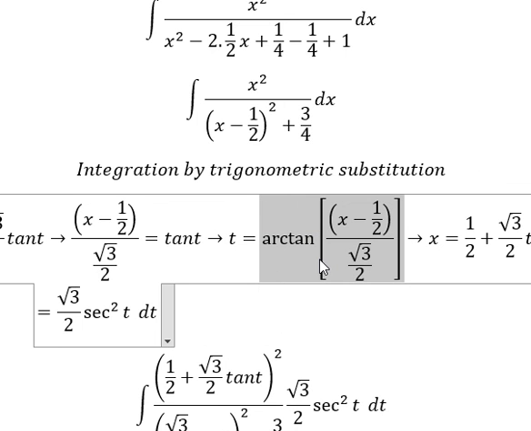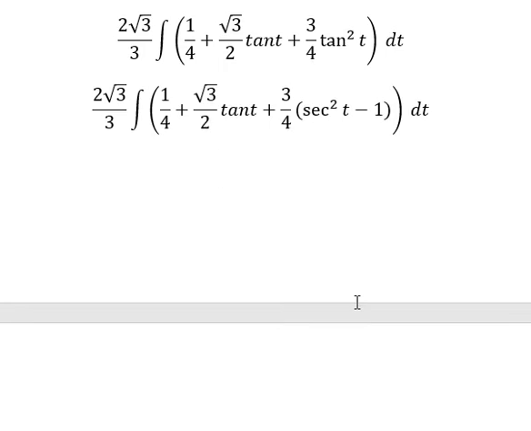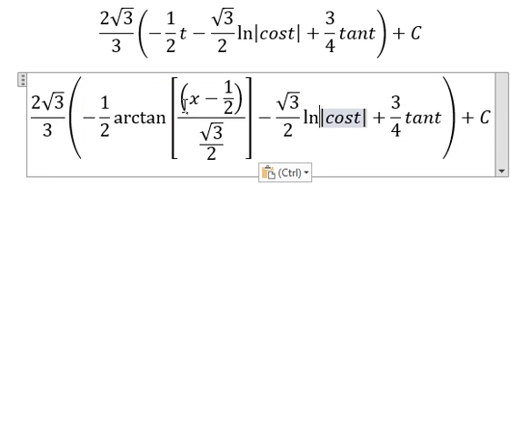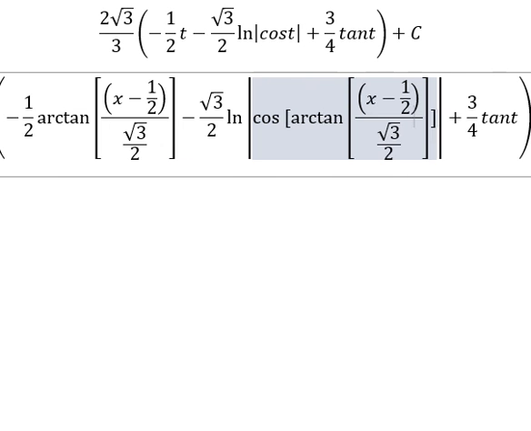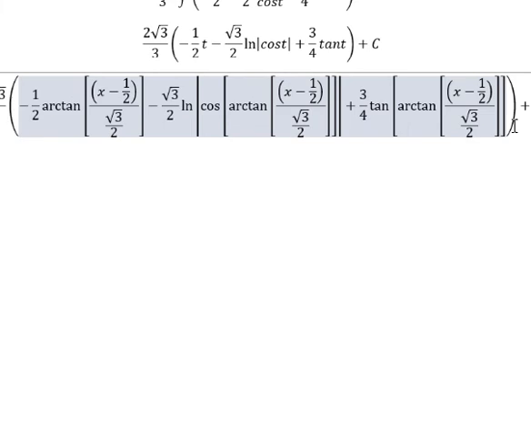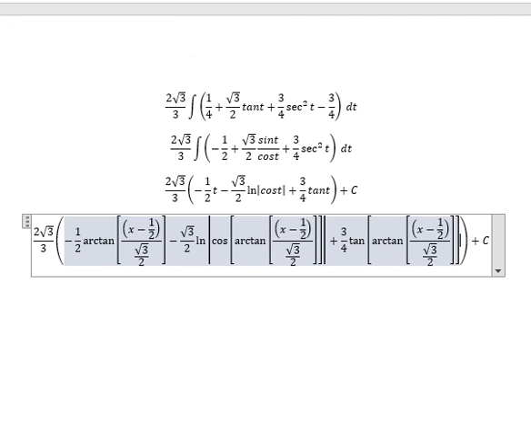So we put this one to replace for t. And we know that tan with arctan, we have this one in here.